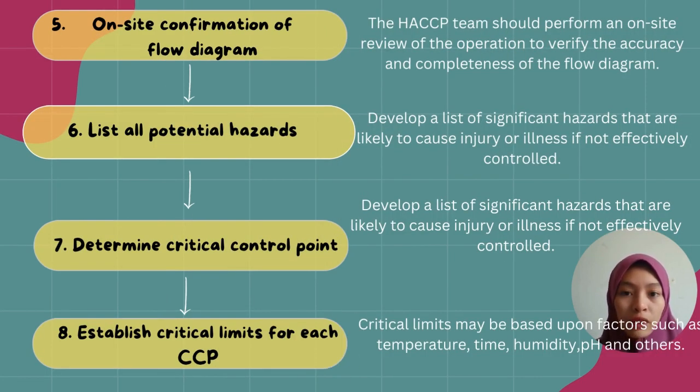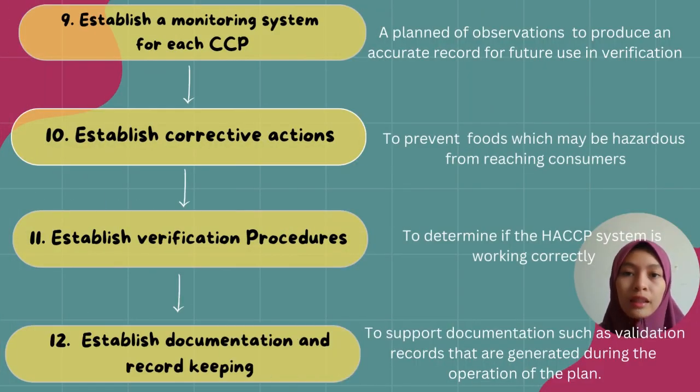After that, the HACCP team should perform an on-site confirmation of the flow diagram, and then they will list all potential hazards, and after that they will determine the critical control points and establish critical limits for each CCP. Besides, they will establish a monitoring system for each CCP, and then establish corrective action, and they will establish the verification procedures, and the last one is establish documentation and record keeping.